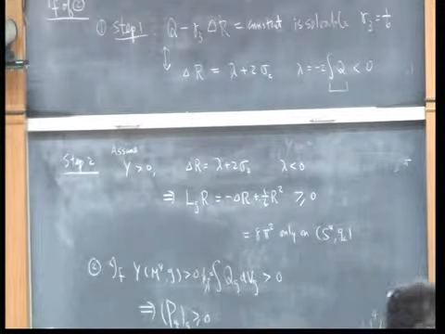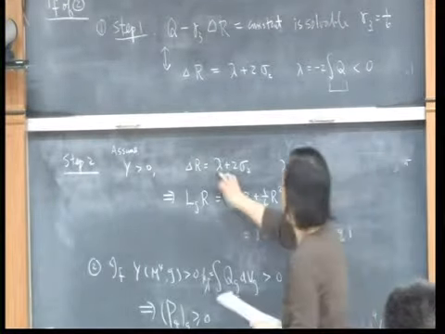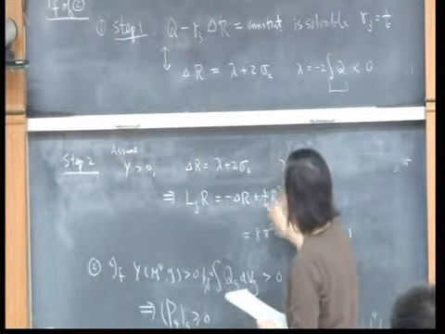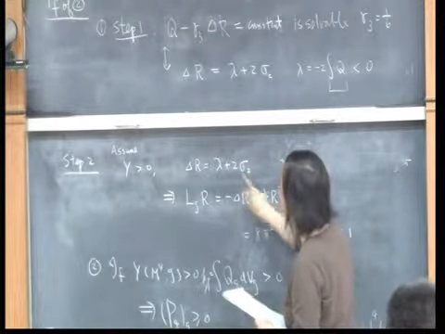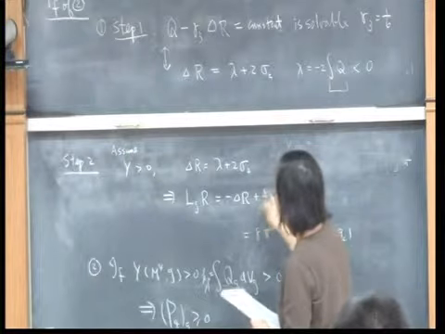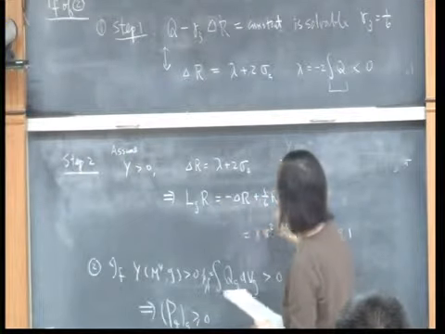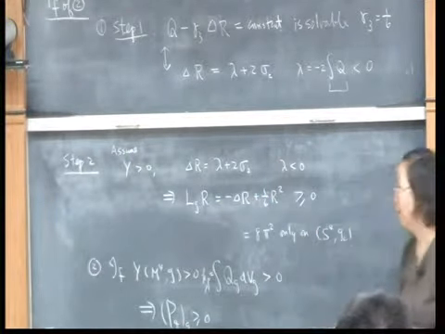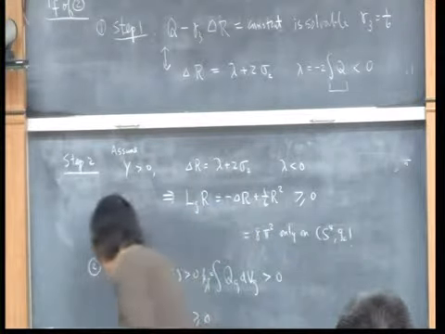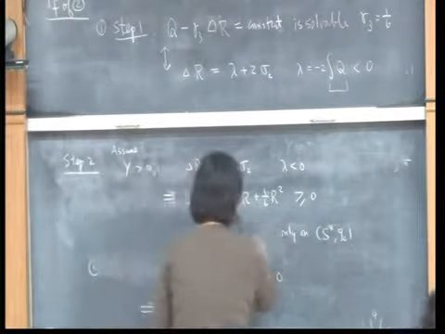L_g of R is positive by plugging this in, and this 1/6 R squared cancels with this term, and you have some traceless Ricci squared minus lambda. So the conformal Laplace on R is positive.